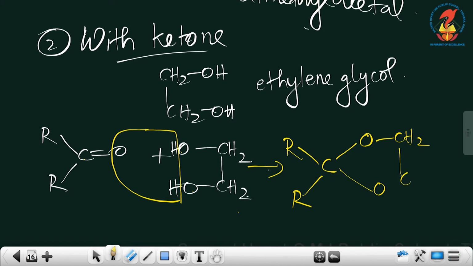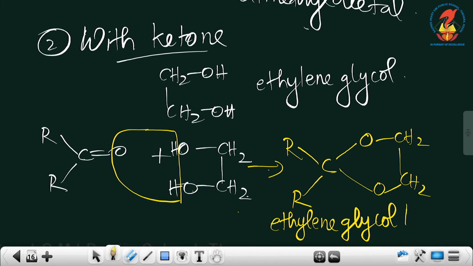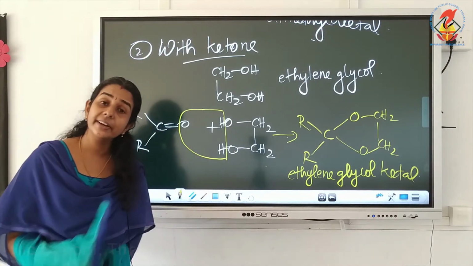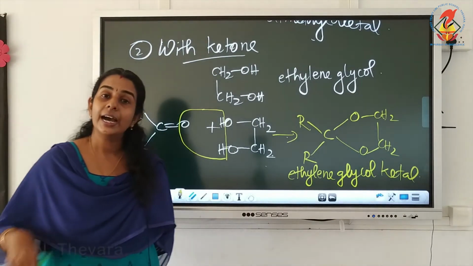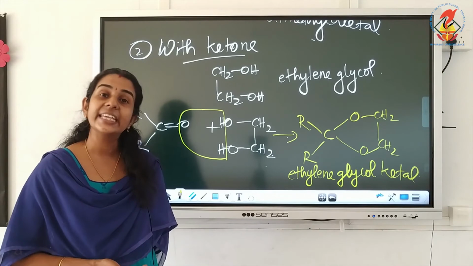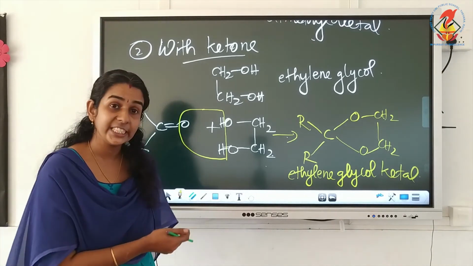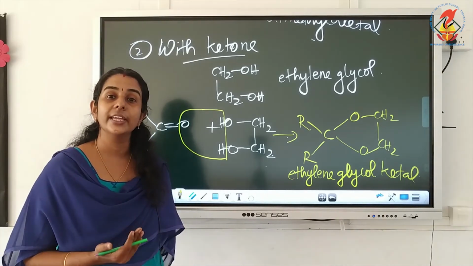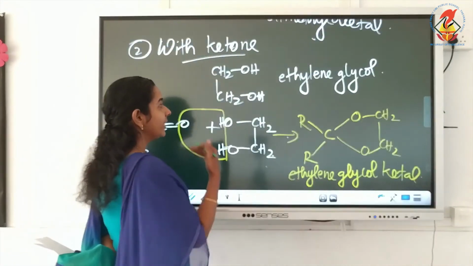Then CH2, and this is called as ethylene glycol ketal. When aldehyde reacts with alcohol, acetal. When ketone reacts with alcohol, ketal. So here which ketal is formed? Ethylene glycol ketal.